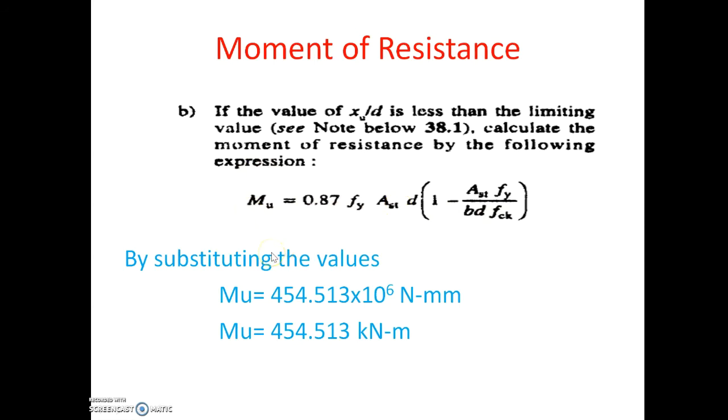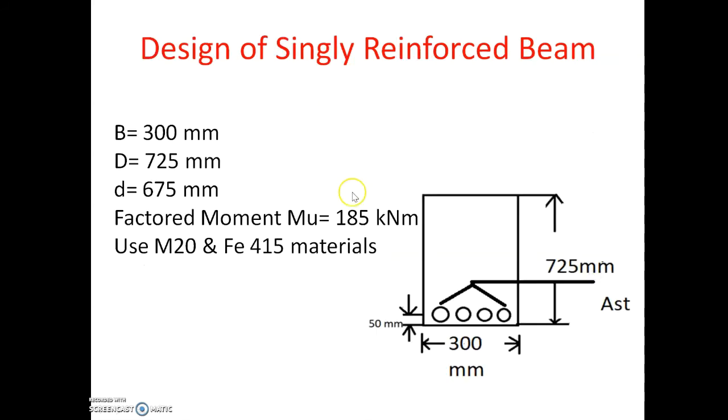After substituting all values, Mu is equal to 454.513 into 10 power 6 Newton mm. So that is Mu is equal to 454.513 kilonewton meter. That particular beam section can resist up to a moment of 454.513 kilonewton meter. Next, this is the design of a singly reinforced beam section.